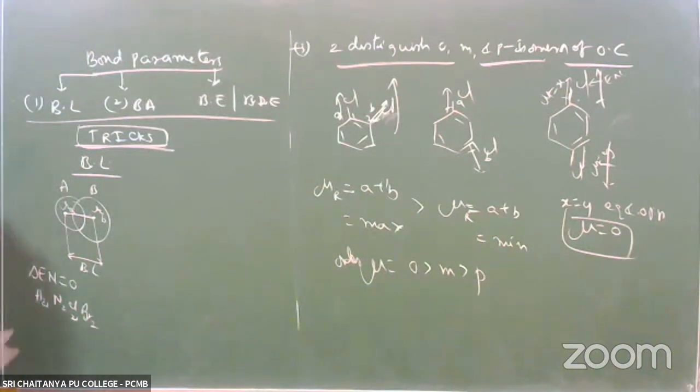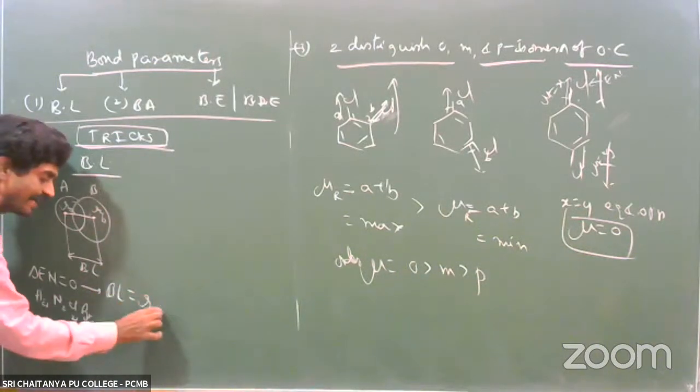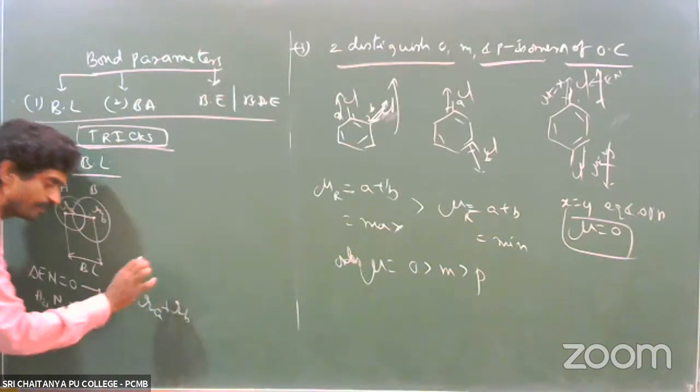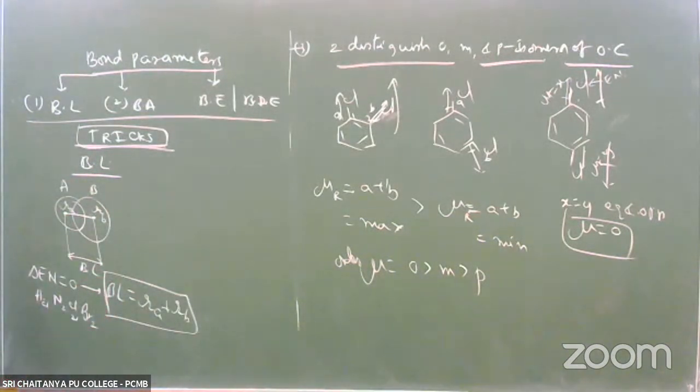Take H2: one hydrogen is 2.1, the other also 2.1, so there is no electronegativity difference in such molecules. In such molecules, the bond length is equal to the radius of atom A plus the radius of atom B. So with this formula we can calculate the bond length of homoatomic molecules.